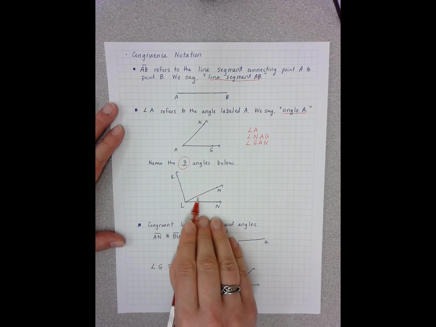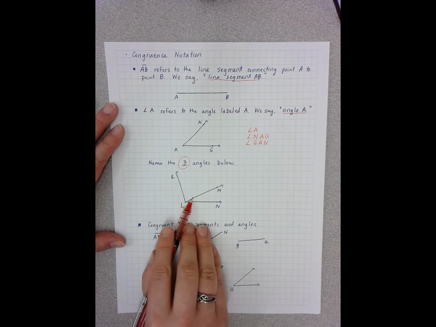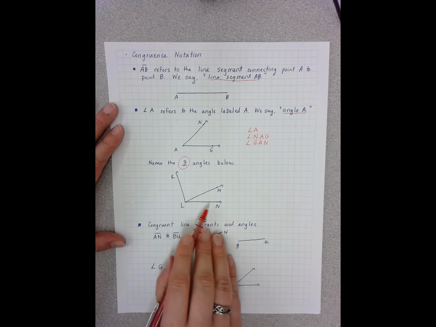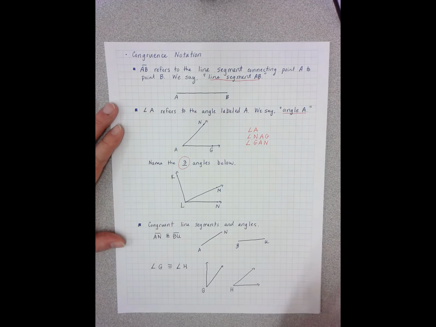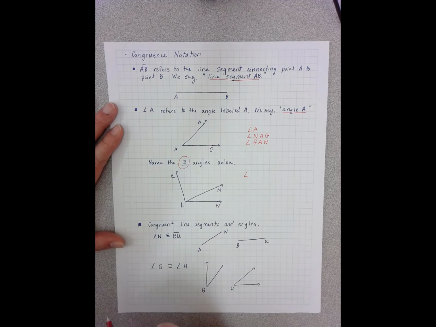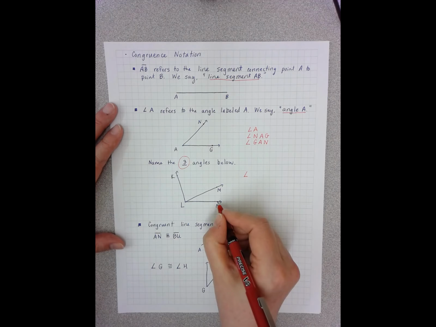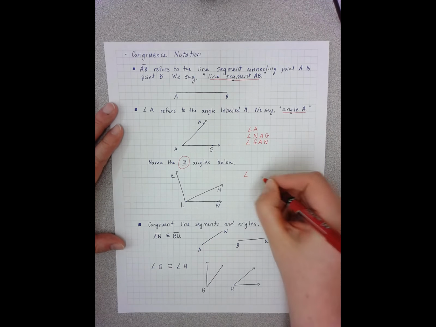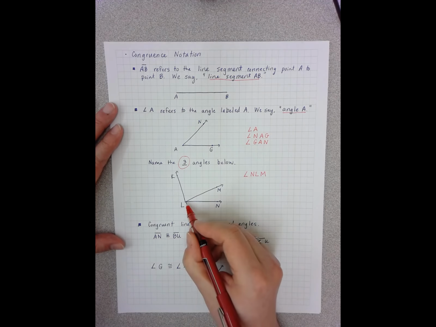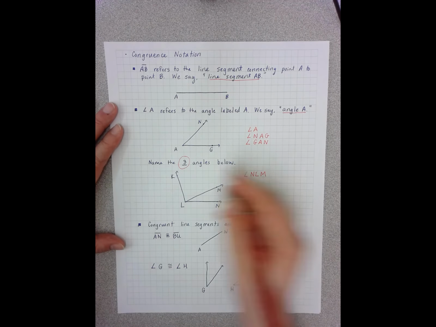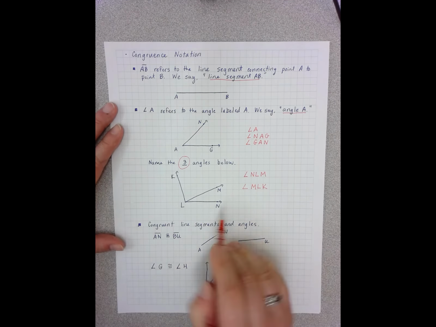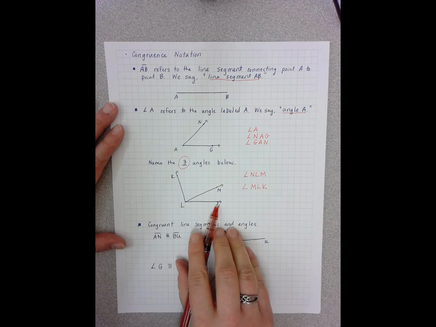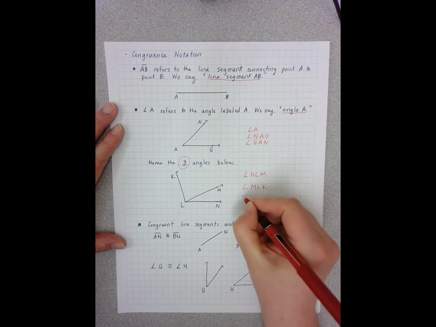You have the little one below, you have the bigger one on top, and then you have the one that goes from the bottom all the way to the top. So when that happens, we have to use the three letters. So I'm going to call my first little angle here at the bottom NLM. My second angle that's a little bit bigger, angle MLK. And my third angle, which is the whole big angle, NLK.